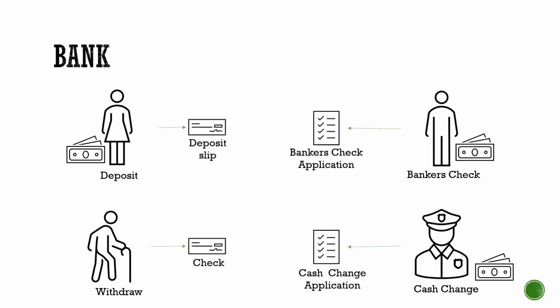Now, even though the bank teller must fulfill all the requests, for each group you create a separate form. For example, for the depositor, you have a deposit slip. For the withdrawal person, there is a check. For the banker's check, there is a banker's check application. For cash change, there's a cash change application. And each client fills in the relevant information and views the bank teller serving only his request.